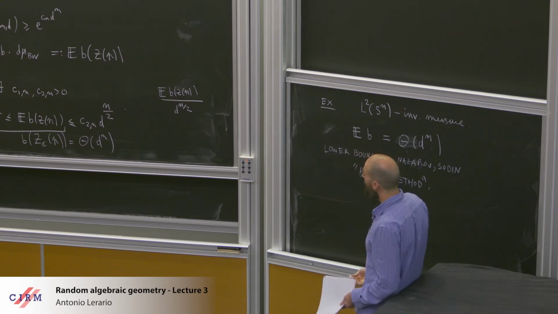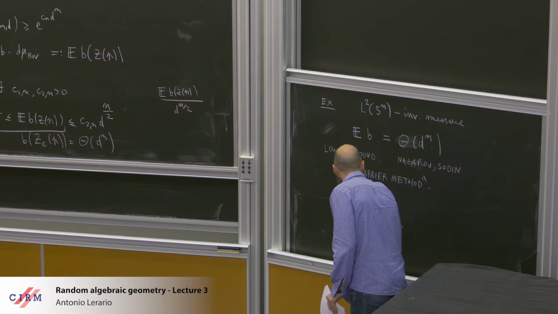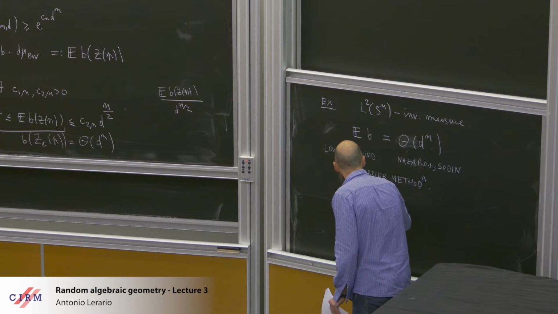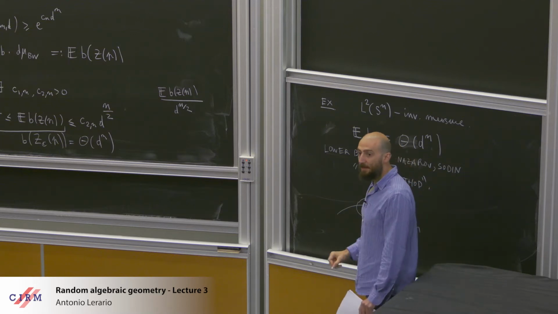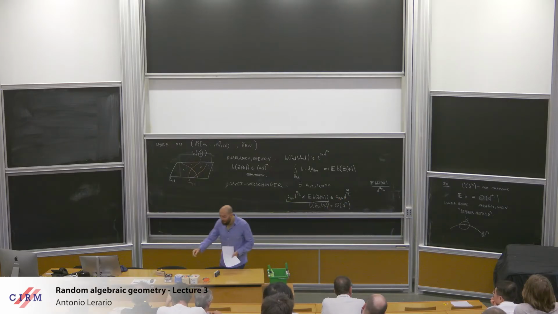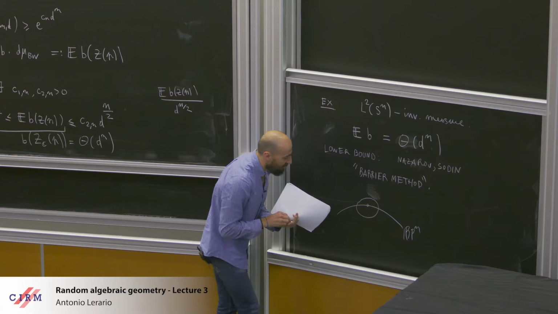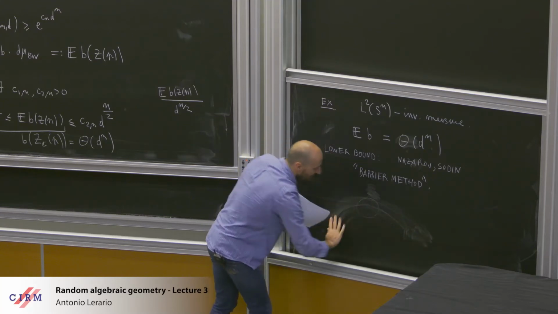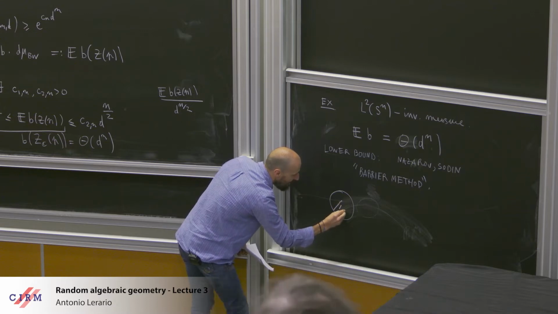Essentially what they show is that in every neighborhood of size 1 over d of the projective space, there is a positive probability that your zero set has this behavior. Let's say the blackboard is RP^n, and I pick a point in RP^n, and a neighborhood around this point of size 1 over d.